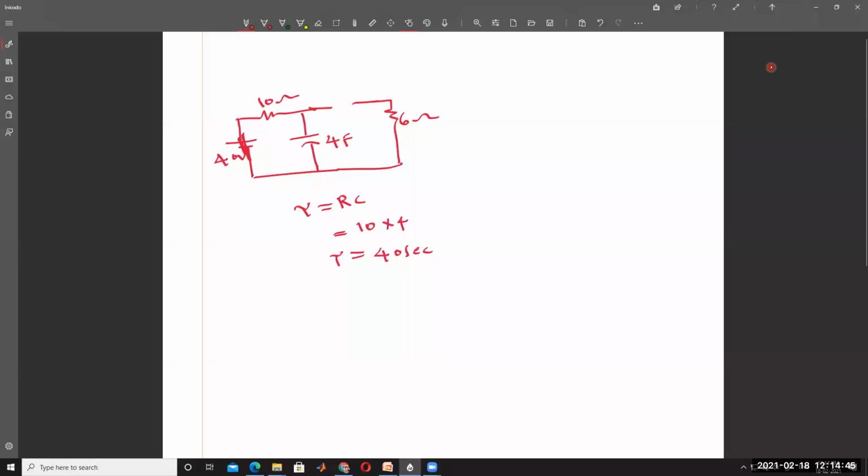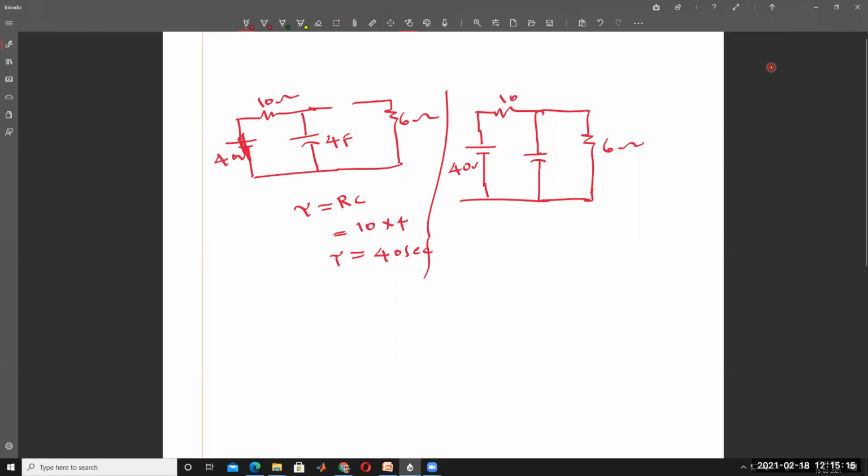Next, the time constant of the circuit after switching action. This is the circuit. Here 40 volts and your capacitor, the switch is closed now, so there is the 6 ohm resistor, the 10 ohm resistor, and 4 farads.